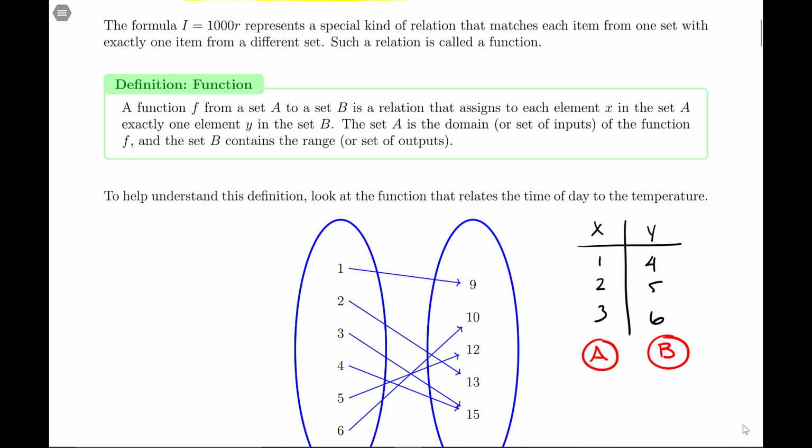We map each x value to a y value in set B. This takes every element in set A and maps it to a value in set B, and that's all we're talking about with the relation. So for every x, there's a y output.